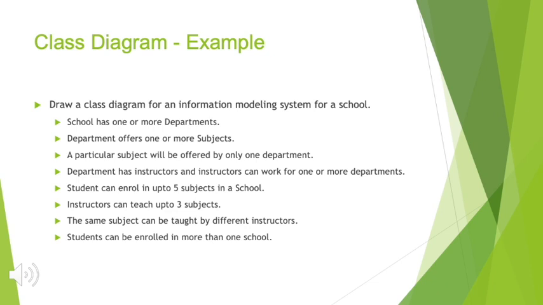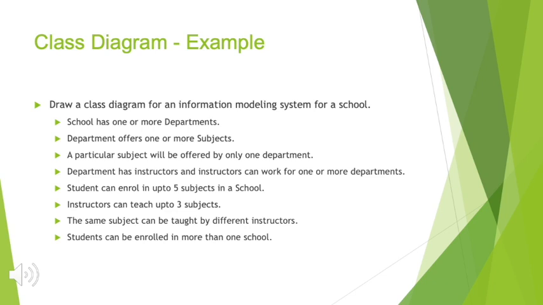Given this situation and these sentences, what we have to do is think: now we have the statement, the situation. From here we have to know how many classes will be involved. As we see here, there will be a school class, a department class, and a subject class.